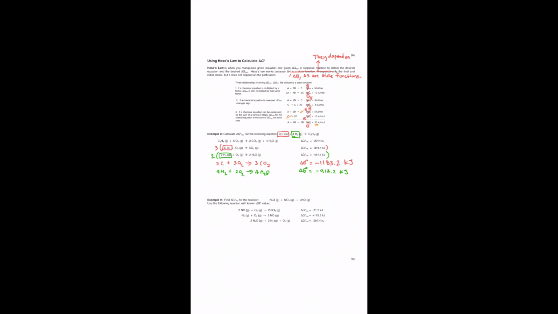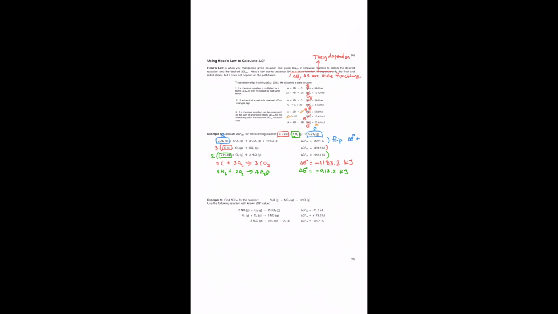And the last species in the equation is C3H8, or propane gas here. As you see, the propane in the desired equation is on the product side. However, in the given equation, propane is on the reactant side. Therefore, in this case, you will need to flip the equation. When you flip the equation, you also need to change the delta G to the opposite sign, in this case a positive sign.